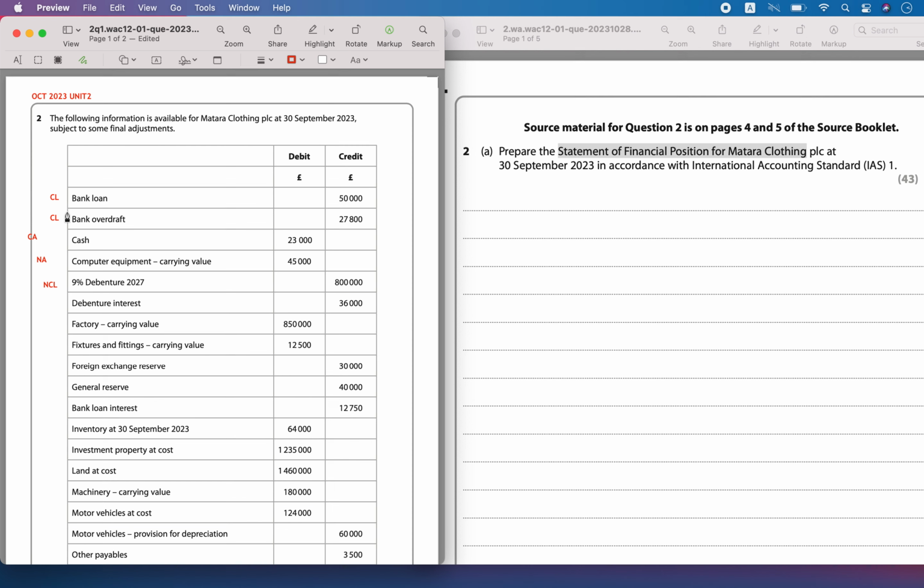So this becomes a current liability. Now factory fixtures and fittings at their carrying value, these are going to be non-current assets. So I am going to classify it as non-current assets.